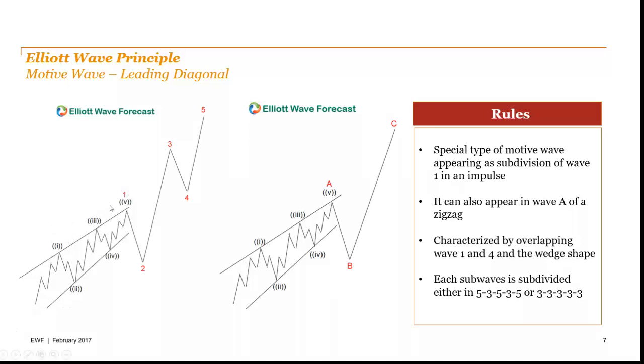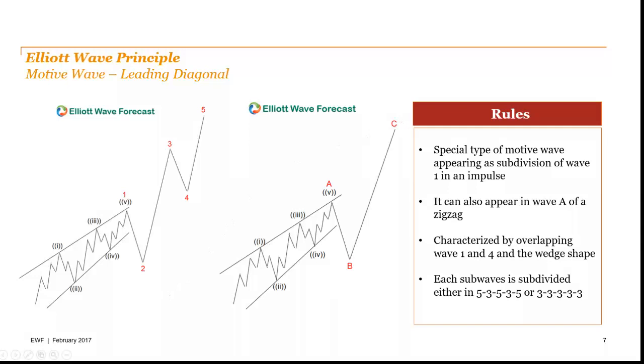A diagonal also can happen in an ABC. Now, we haven't talked about ABC, which is a zigzag, but a zigzag is a 5-3-5 structure. Okay, it is a 5-3-5.